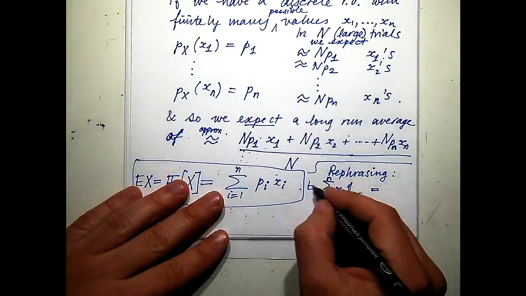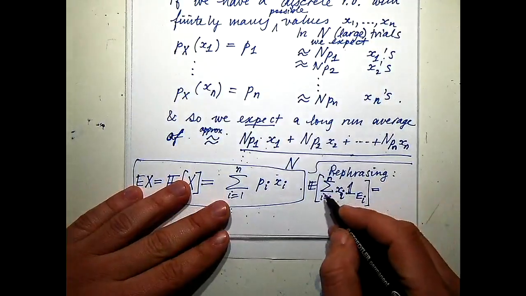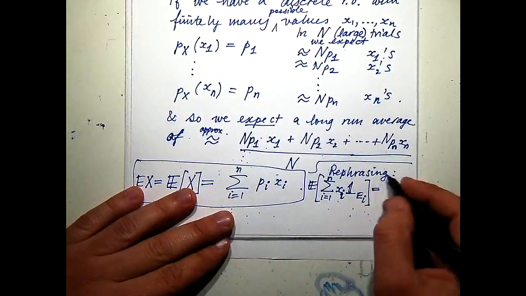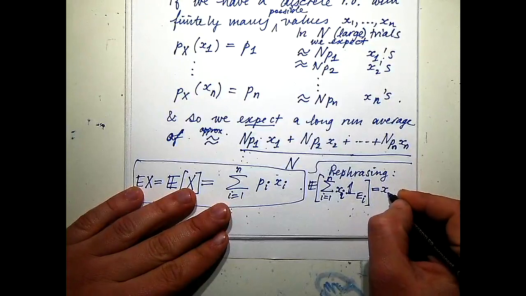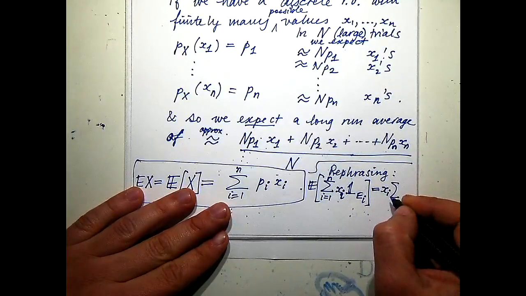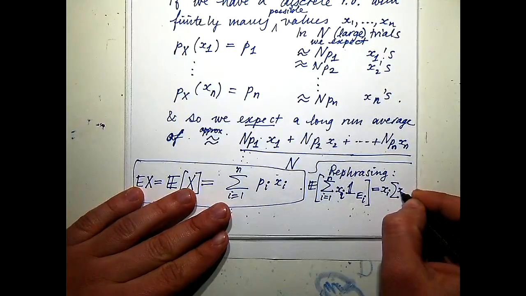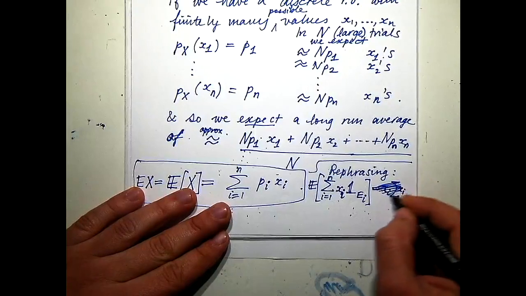If I want to take the expected value, my definition will be that this is defined to be xi times, no, I have to put the xi inside the sum. I'll do it on the next line.